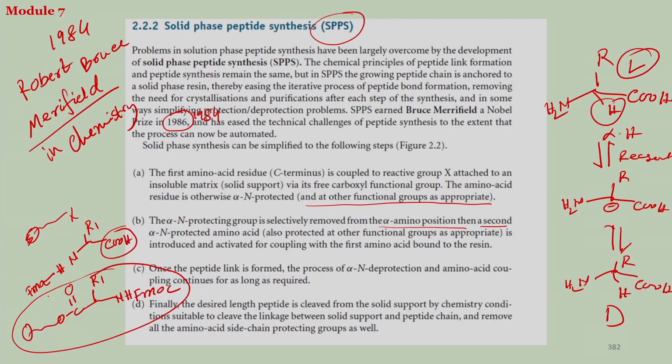Depending upon which kind of solid support and linker you have used, you choose the appropriate chemistry to break this bond. And in the last part, you also need to remove the protecting groups you have used on the side chains. So, these 4 are the primary steps involved in solid phase peptide synthesis.